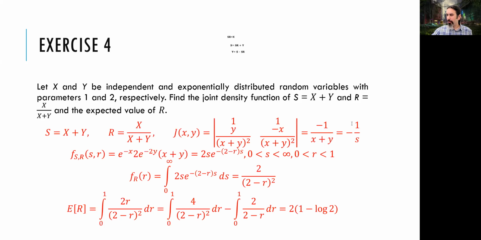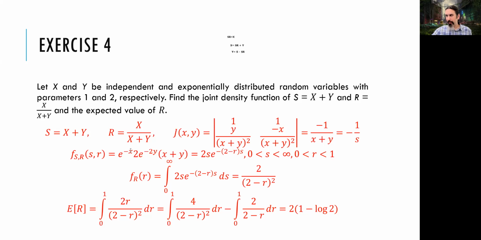Now, we don't know the limit of s yet, but we know that it's x plus y, so it should be positive. And this value is negative with the minus, so we get rid of this minus sign when we take the absolute value, and we switch the s upwards, because we have to find 1 over the absolute Jacobian. So it's going to be s. The value we're looking for is s from here.